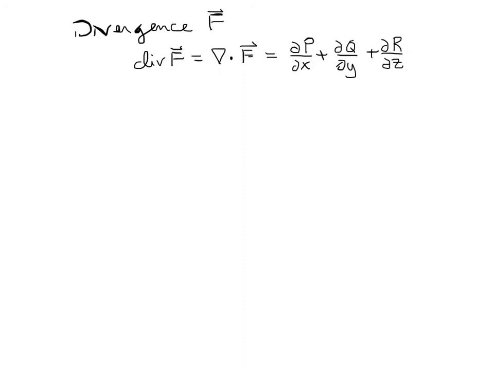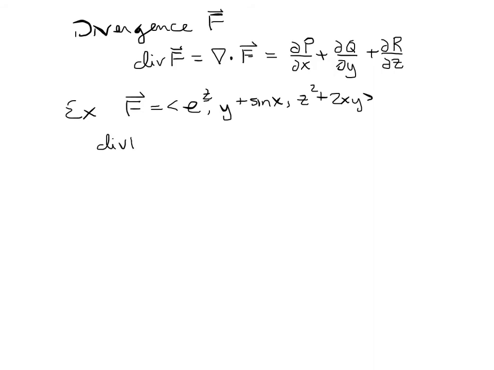So there's divergence. So if we go back to that same vector field that we had before, it was e to the z, y plus the sine of x, and then z squared plus 2xy.